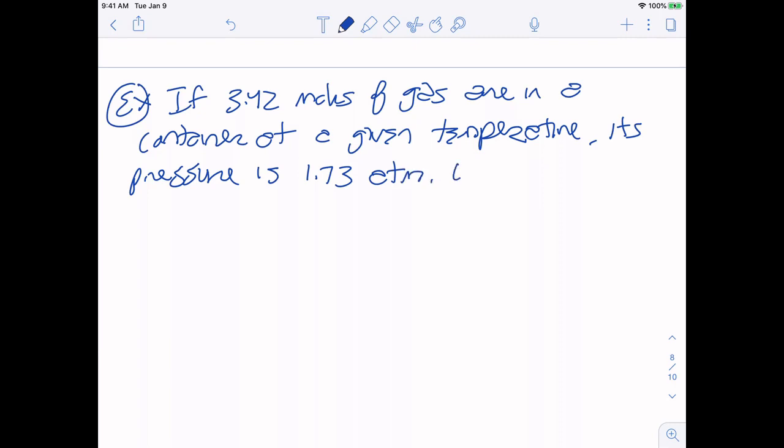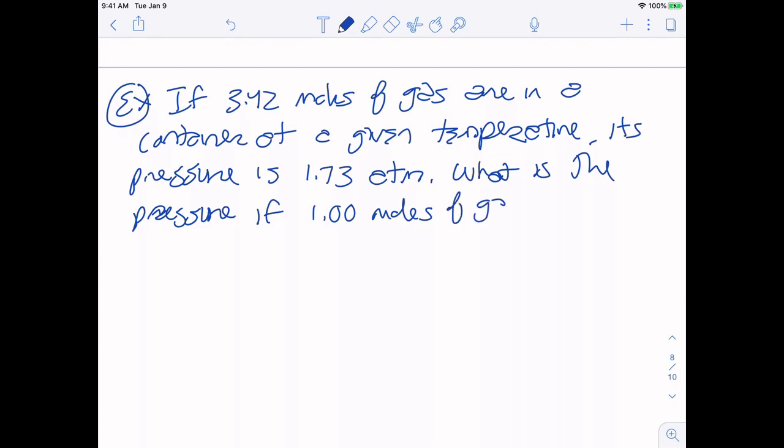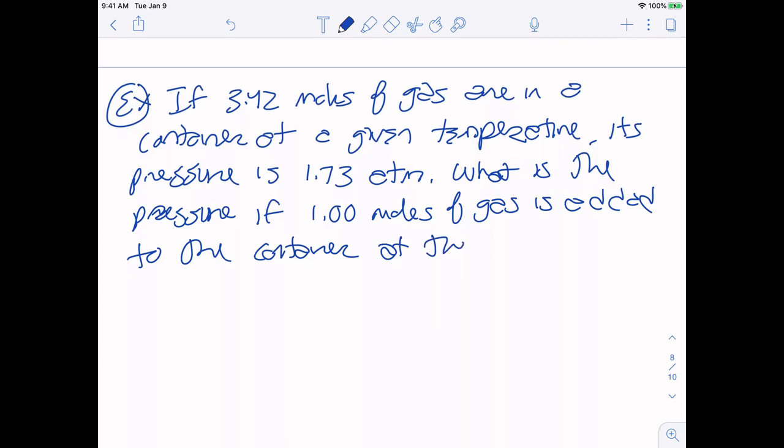We want to know what is the pressure if 1.00 moles of gas is added to the container at the same temperature.